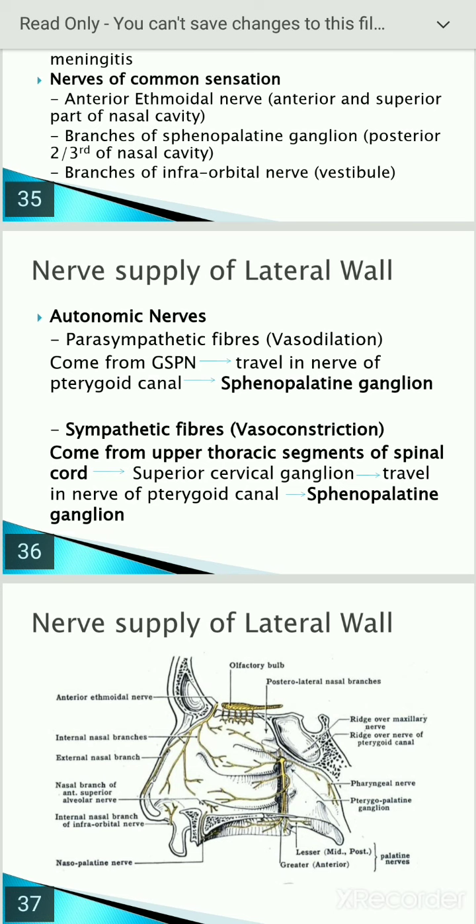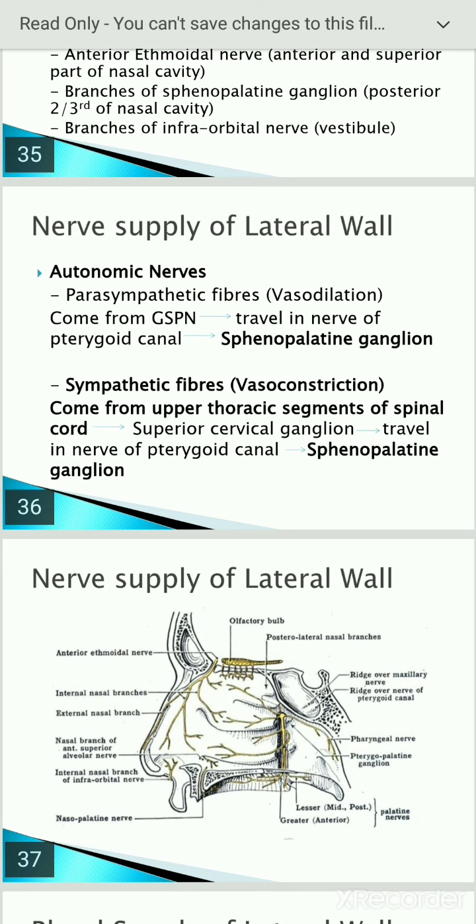So these are the autonomic nerves for vasodilatation, and there are sympathetic fibers which cause vasoconstriction. They come from the upper thoracic segment of the spinal cord to the superior cervical ganglion. They travel in the nerve of the pterygoid canal and ultimately reach the sphenopalatine ganglion.